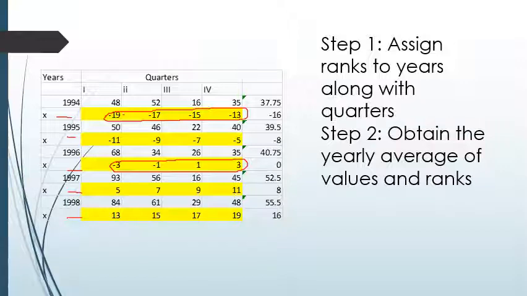Now, this column is the average column, AVG. These are the averages of values, and these are the averages of ranks. Now we have two variables. In the next step we are going to regress y on x.